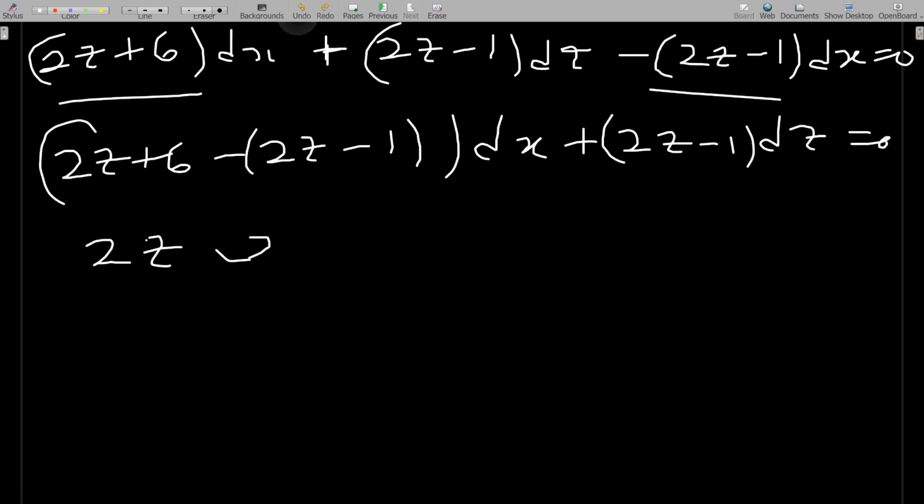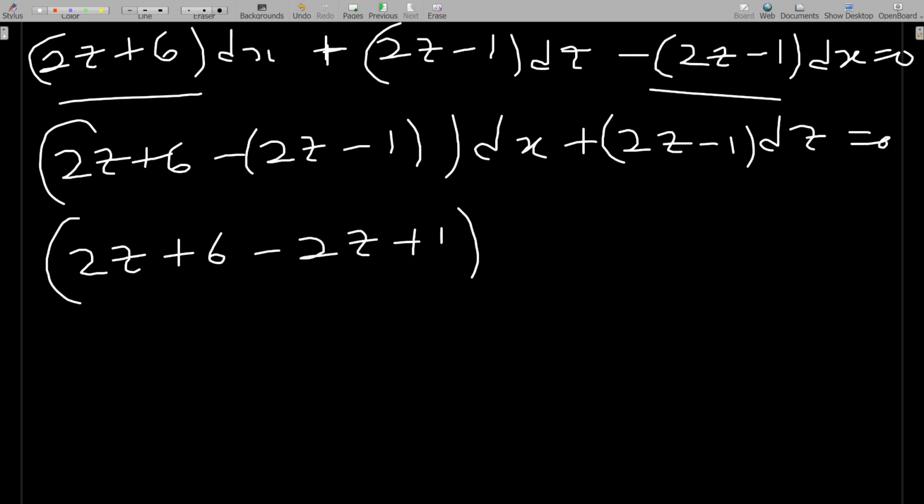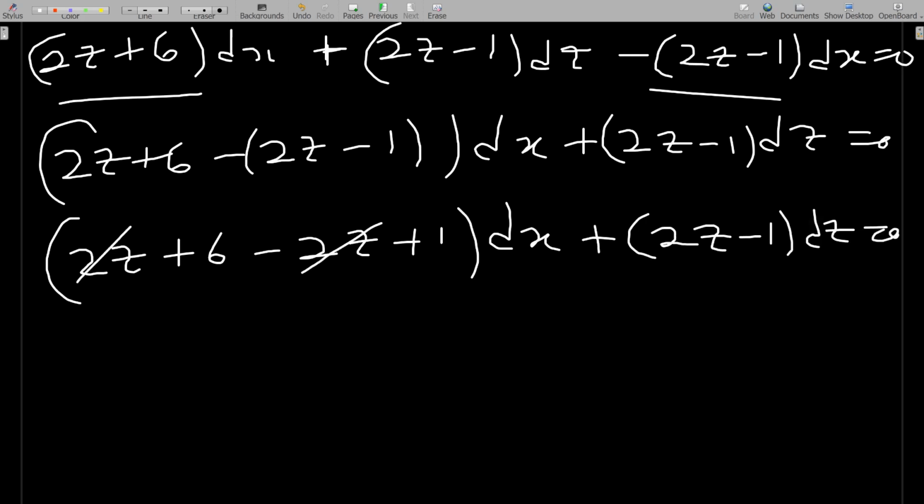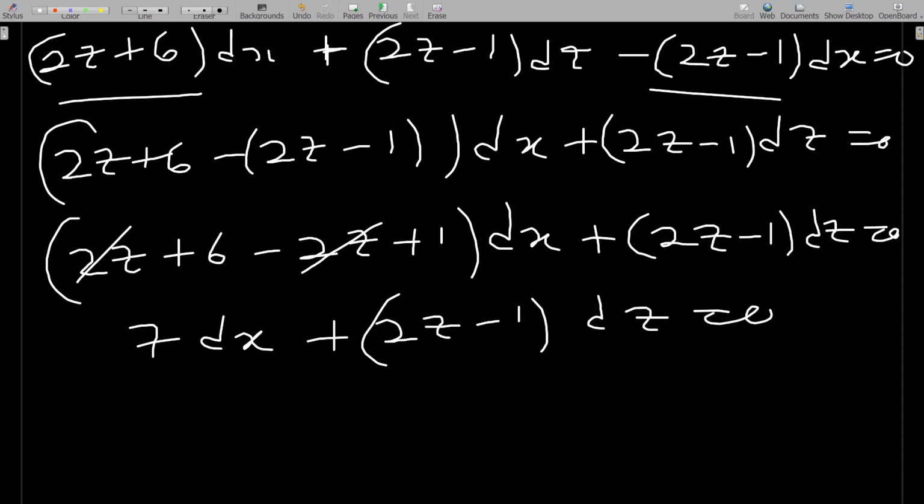Let me erase this and write it back. It's actually 2z plus 6 minus 2z plus 1, then dx plus (2z minus 1) dz equals 0, and so this will take this out. So I have 7 dx plus (2z minus 1) dz equals 0.